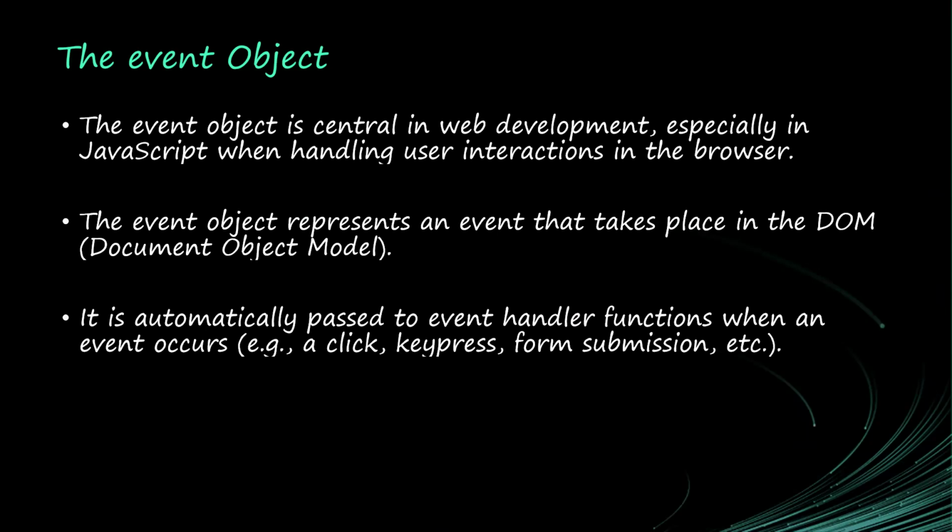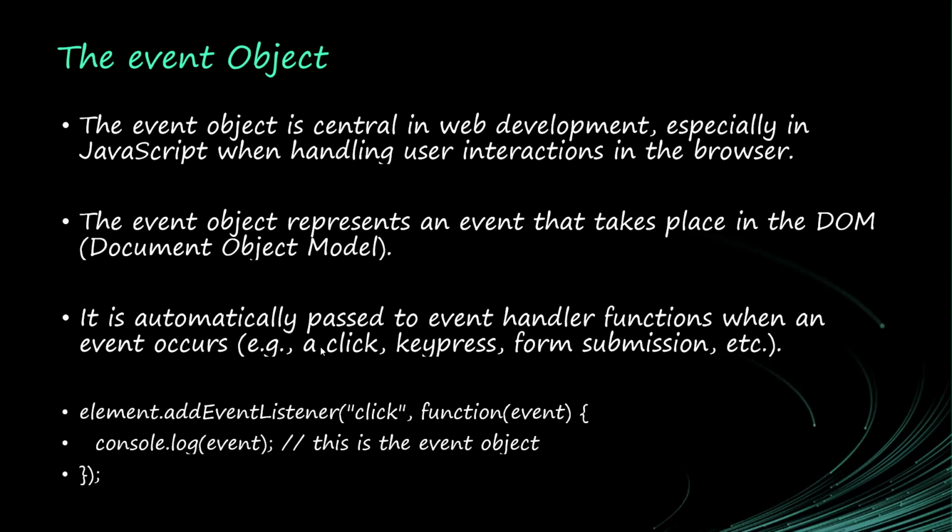It is automatically passed to the event handler functions. So when you create your event handler, when you add an event listener to your element, the event object is passed to that handler function. It could be a click, a key press, a form submission, or any event. Look at this one. Here we are saying element.addEventListener.